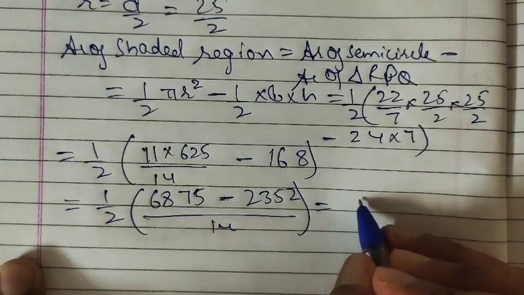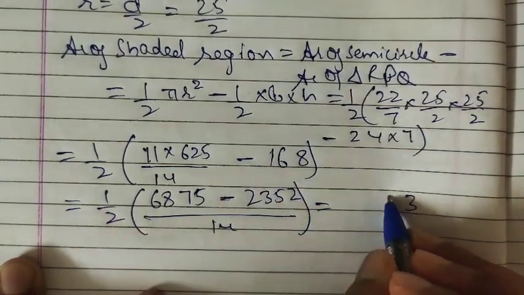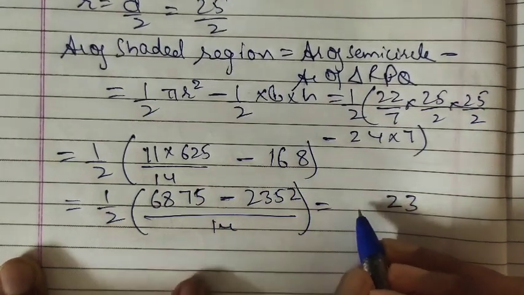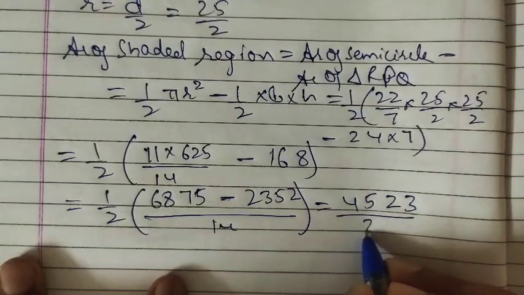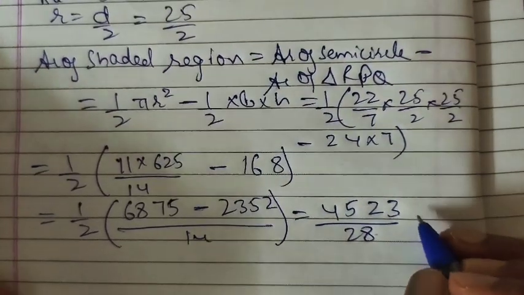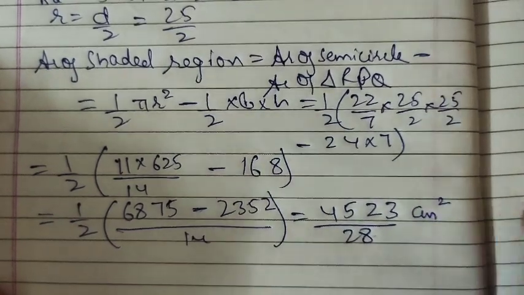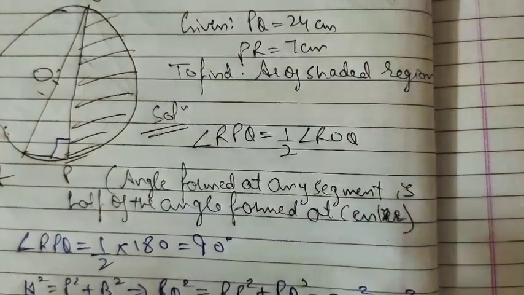So we can say this is 5 minus 2 is 3, 7 minus 2 is 5, 8 minus 3 is 5, and 6 minus 2 is 4. So 4523 upon 28 centimeter square. So this is our answer, right? Nothing we have done, just the area of semicircle minus the area of this triangle.